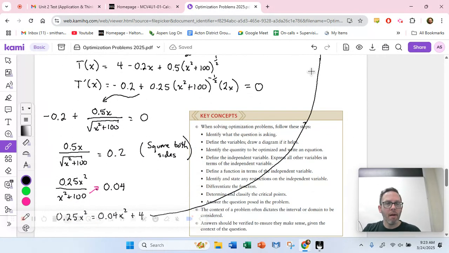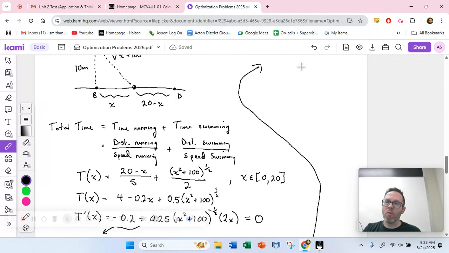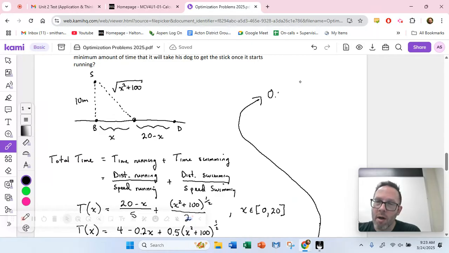So bringing over the 0.04, we get 0.21 x squared is equal to 4. And so x will be 4 divided by 0.21, and then we're going to square root that. The root of 4 divided by 0.21.